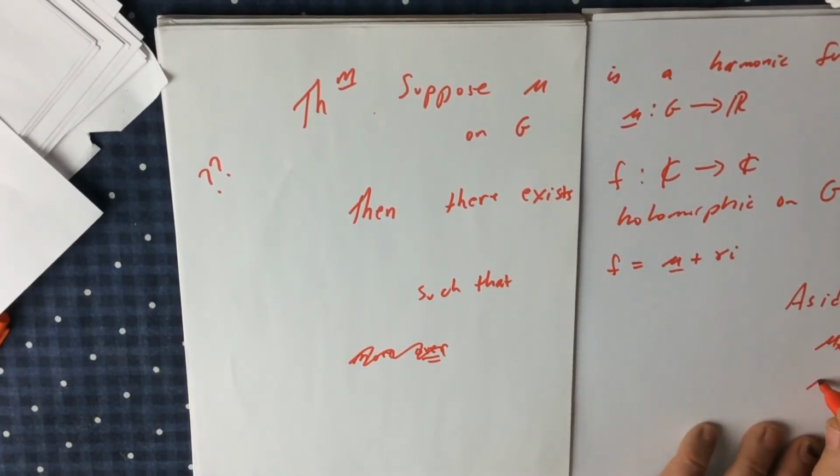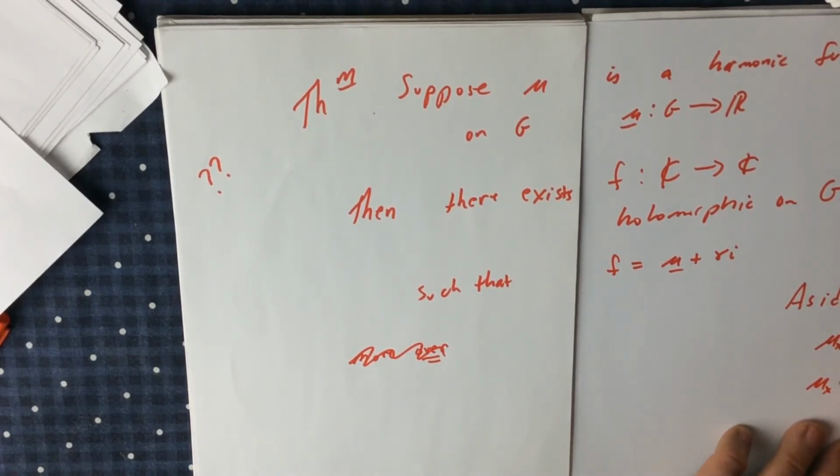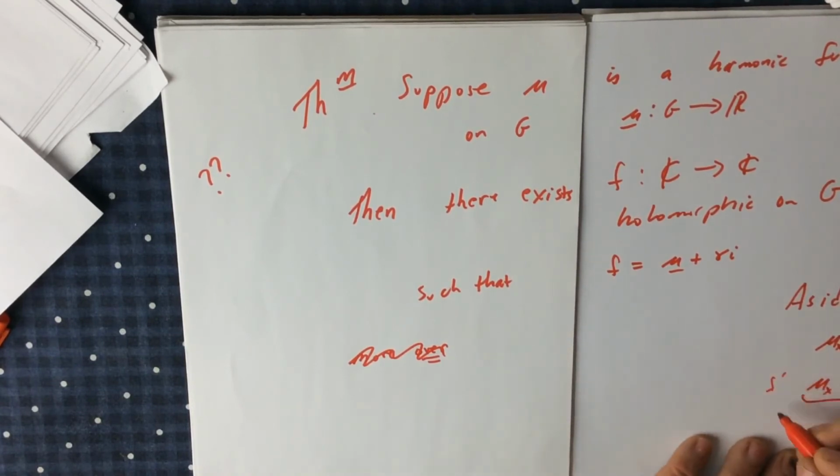That means if we rewrite the Cauchy-Riemann equations, then we can write mu of x minus i mu of y, that this, if we believe the answer, must be F prime.